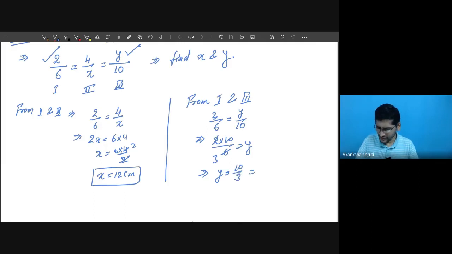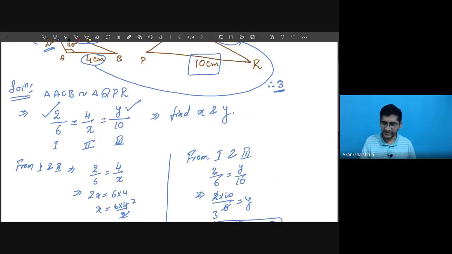Maintain this ratio, or if you want, you may write 3.33 or 3 bar. So wherever this ratio is there and not coming as a terminating decimal, maintain it in the form of fraction itself. So this is the value of y. So this way x and y can be determined.